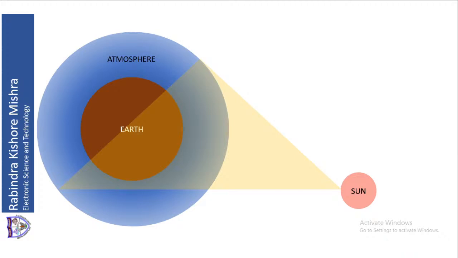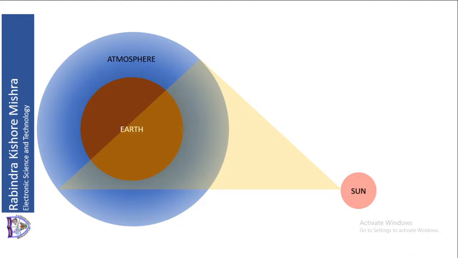As it comes to the surface of the Earth, the energy or the intensity that reaches the surface of the Earth will be minimum compared to the energy that is at the surface of the atmosphere.